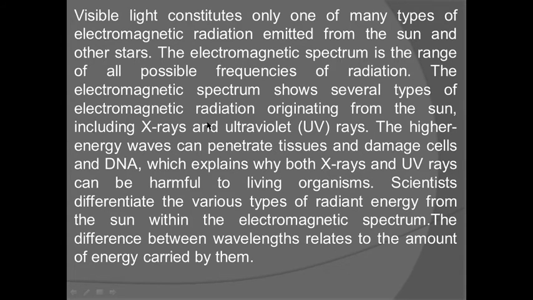The electromagnetic spectrum shows several types of electromagnetic radiation originating from the Sun, including X-rays and ultraviolet rays. The higher energy waves can penetrate tissues and damage cells and DNA, which explains why both X-rays and ultraviolet rays can be harmful to living organisms.